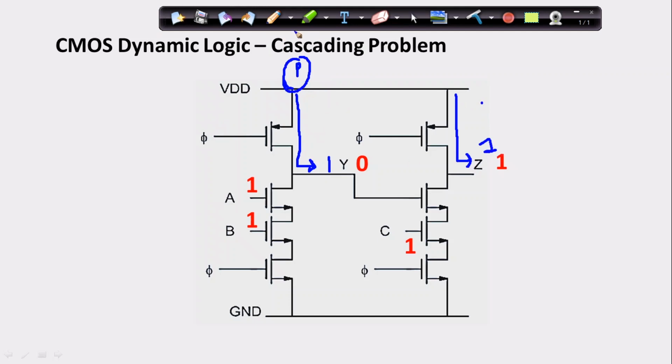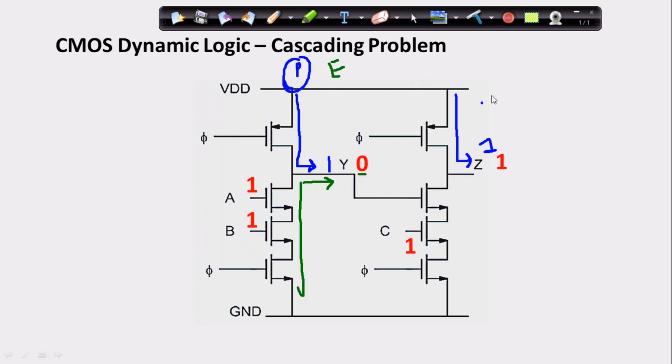Now if I take the evaluation phase, let me consider it in green. I'll be getting a path over here which is connected to ground. So I'll be getting this particular logic 0.